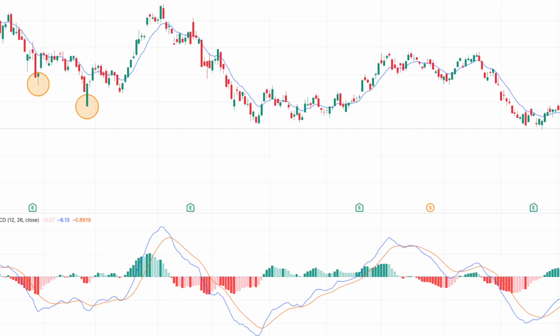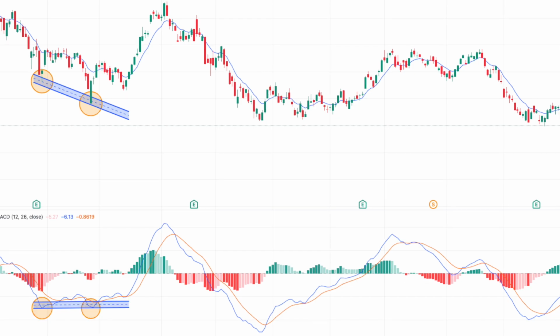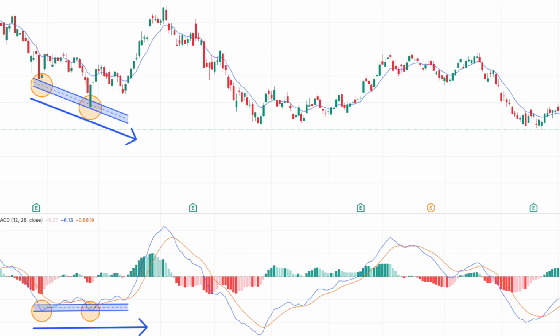In this scenario, you can see on the screen that the price has made two lower lows, which means that the price is in a bearish direction. However, when we look at the corresponding points on the MACD chart, we see that the lower low is not supported by a lower low on the MACD chart. So this is our sign that a bullish divergence is appearing, which means a lower low of the price is not being represented on the MACD line.